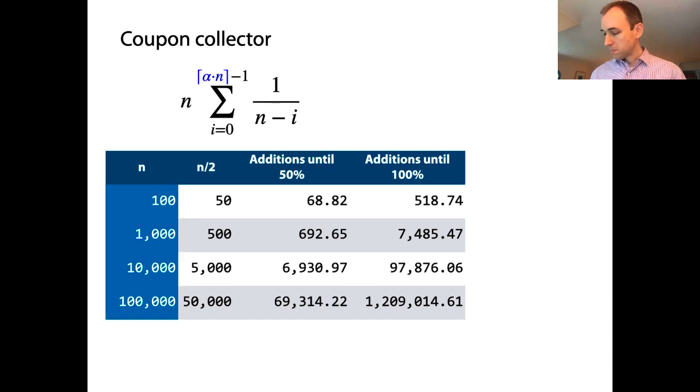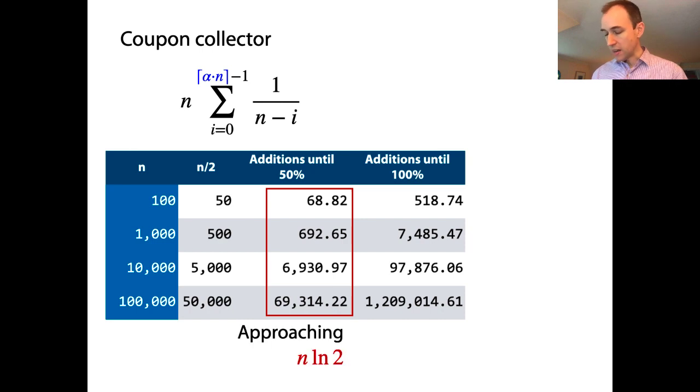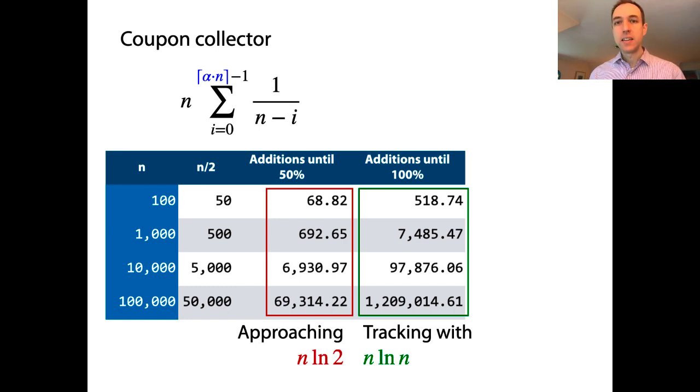Well, in this column here, what's happening is that the number is approaching n natural log of 2. Okay, so it's just approaching that as we go down. This last column, though, is growing something more like n times natural log of n. Okay, so it's like n log n growth. Not exactly, I say it's tracking n natural log n. But it's growing with something like n log n type growth.